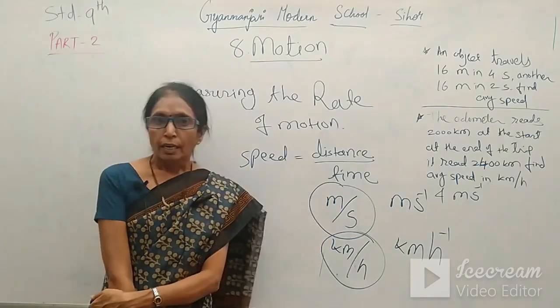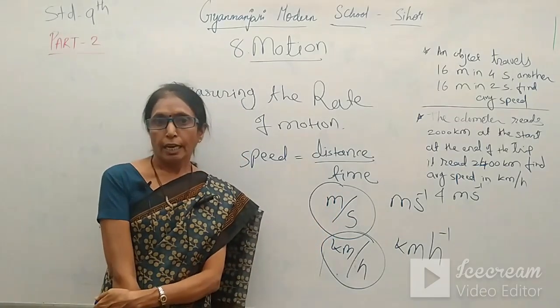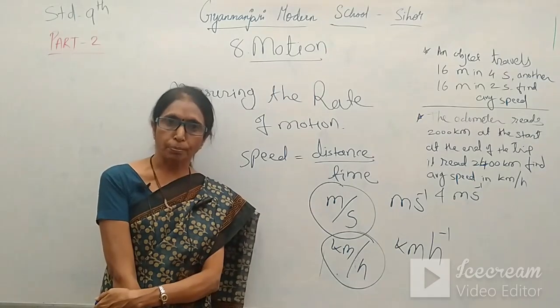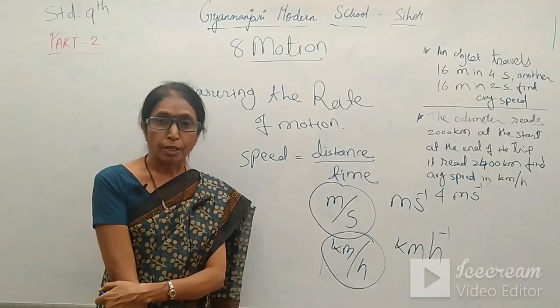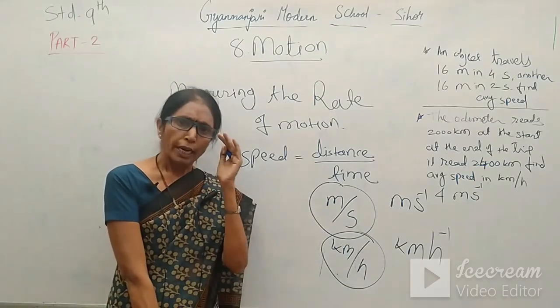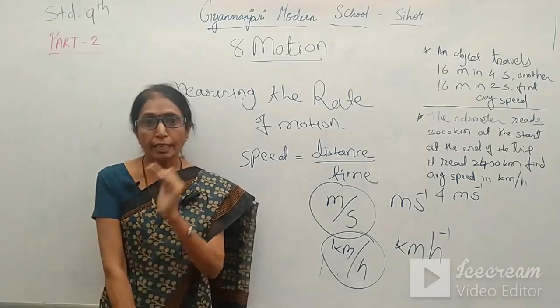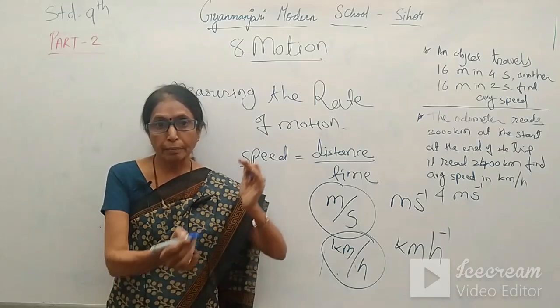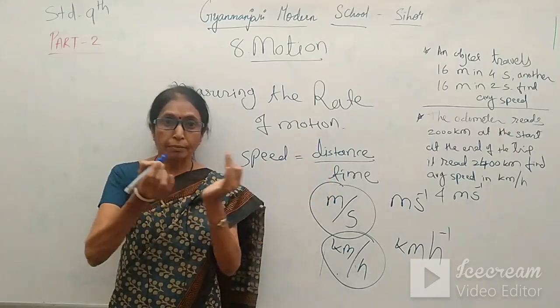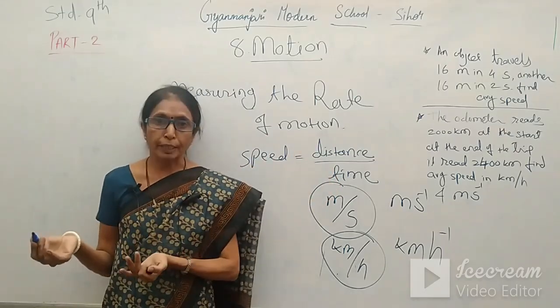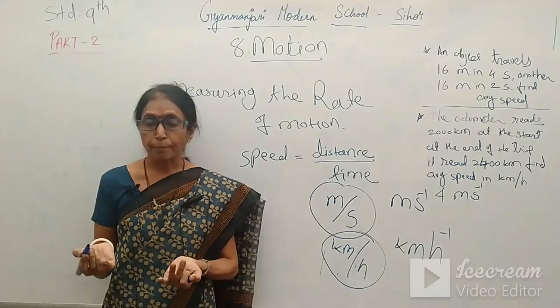Now, about average speed. What is average speed? Every time the object is not at equal speed. Sometimes it may be at high speed, sometimes it may go with slow speed. So, what is average speed?